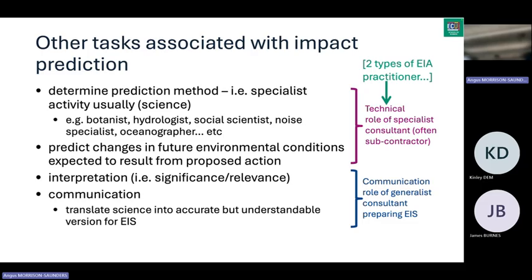My point being that that's highly technical, and the predictive methods that you use are going to be very specialised according to your own particular environmental expertise. I'm not one of those people. I'm one of the bottom people on the slide, where when we do an EIA and we have all this technical information, we've got to communicate that in one document, in one place, in a meaningful way to the public.